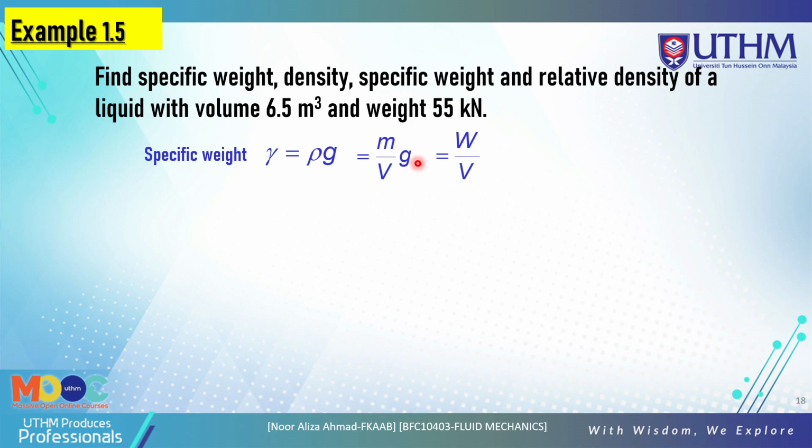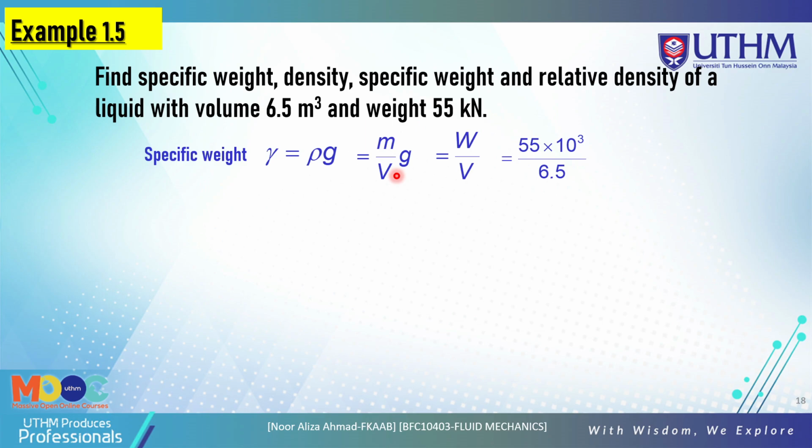You must remember this basic equation of specific weight: density is mass divided by volume, times g, and mg is equal to w. So we get this equation for specific weight.